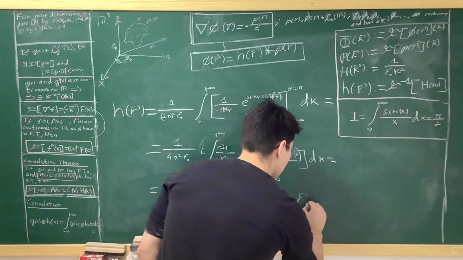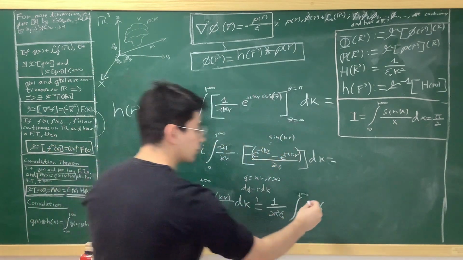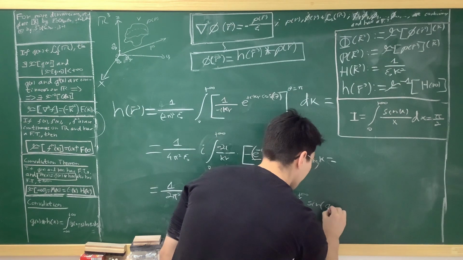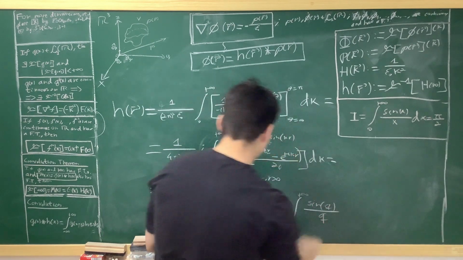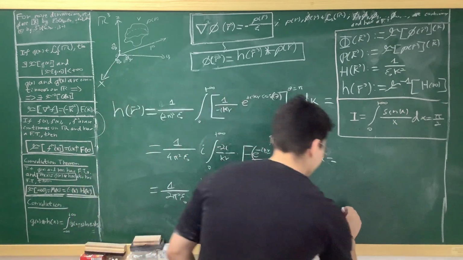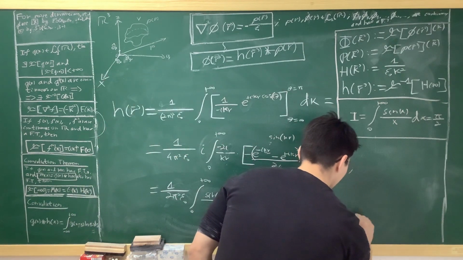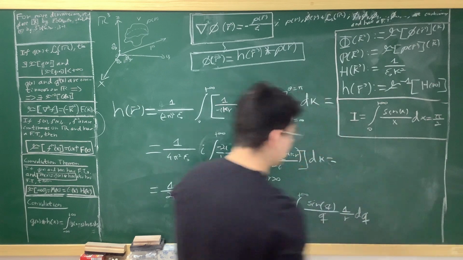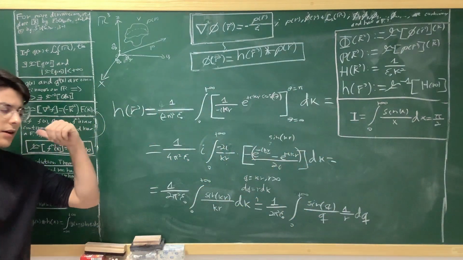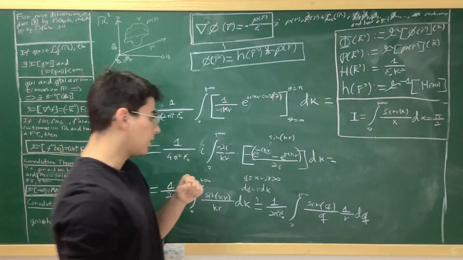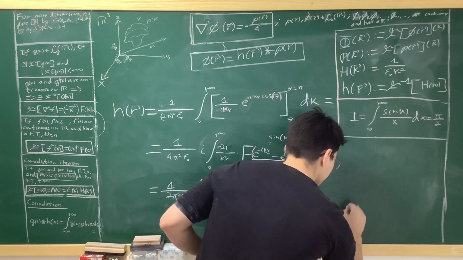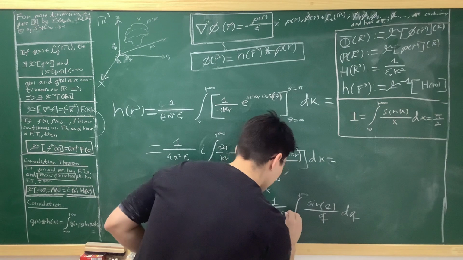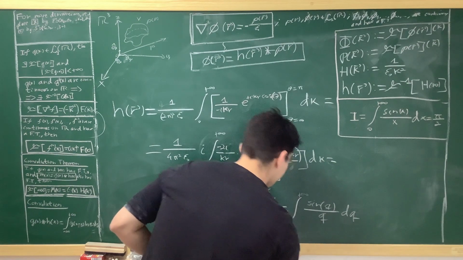Well, the sine of kr is just the sine of q, over kr is just q again, just q, and dk is 1 over r dq. Because we're integrating with respect to q, r comes out of the integral. And we have that, well, let's just take it out now of the integral, and just put it right here, my r.